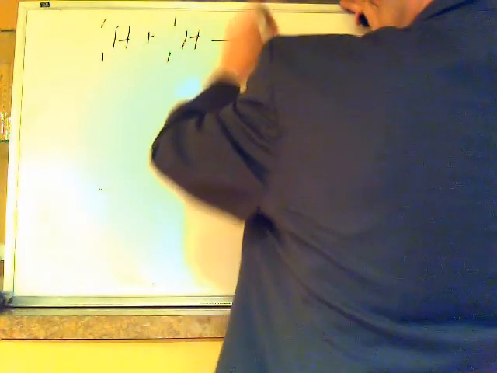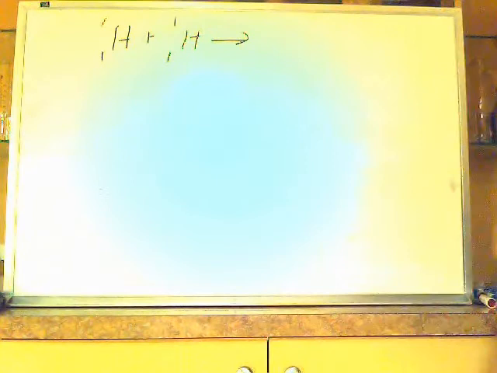So we have a proton plus another proton, and that's going to give us a deuterium atom.